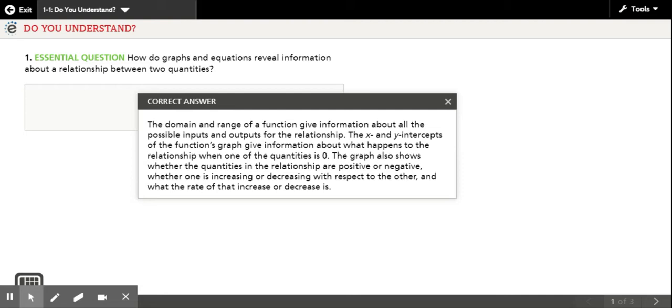The graph also shows whether the quantities in the relationship are positive or negative, whether one is increasing or decreasing with respect to the other, and what the rate of that increase or decrease is. Right? So a graph is truly a reflection of the function, right? It's a visual reflection of the function.